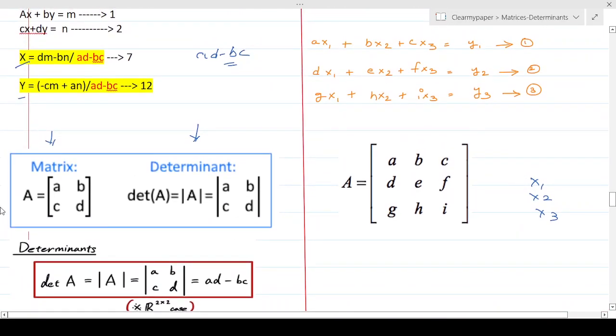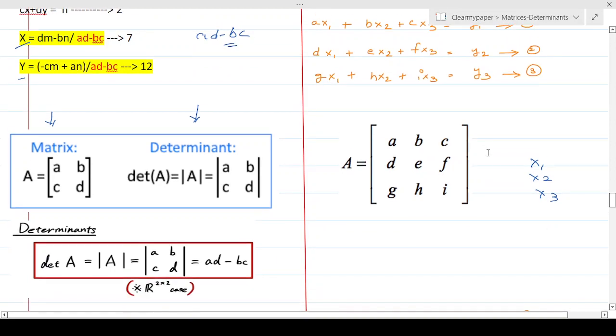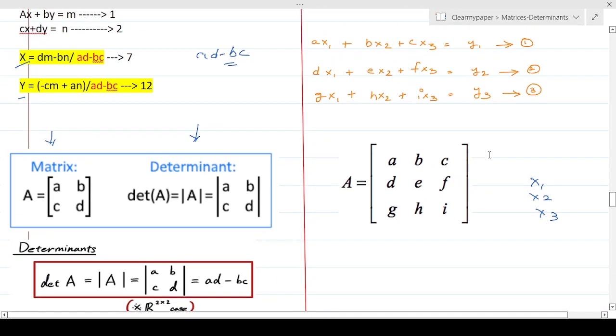So let's focus on the 2x2 matrix for a minute and get some intuition, and then try to apply that on the right hand side to the 3x3 matrix. So if you see here, you have the denominator as ad minus bc, which is the same as what's written here, ad minus bc.